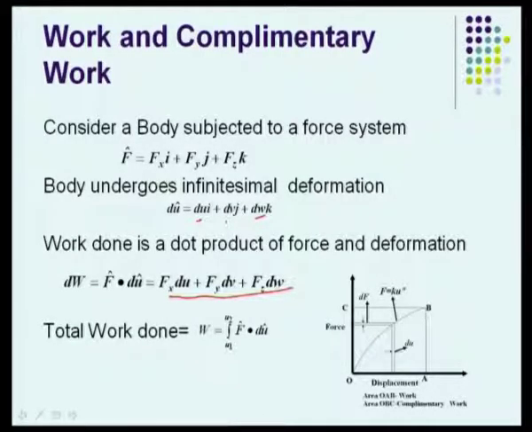We can fit the curve as force related to displacement by the relation F equal to k into u, where k is some proportionality constant. So basically, it amounts to taking a small strip within this region and integrating. This basic expression says the area under OAB.